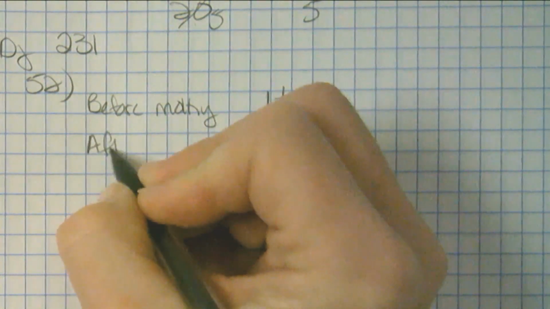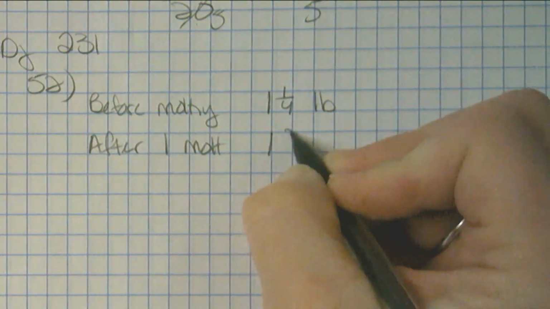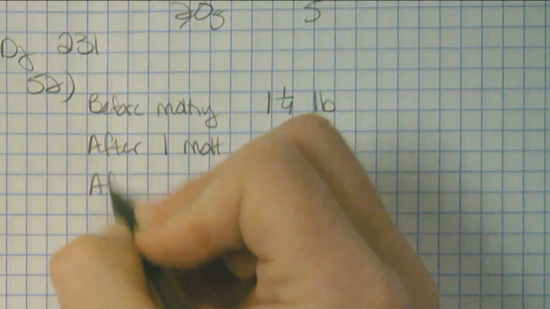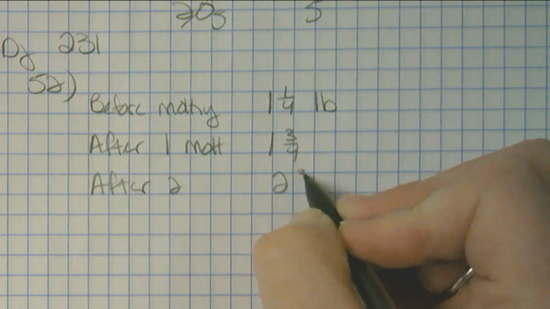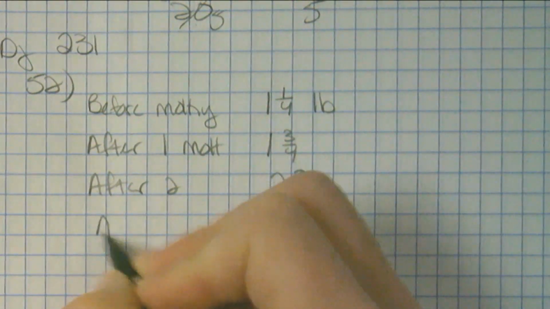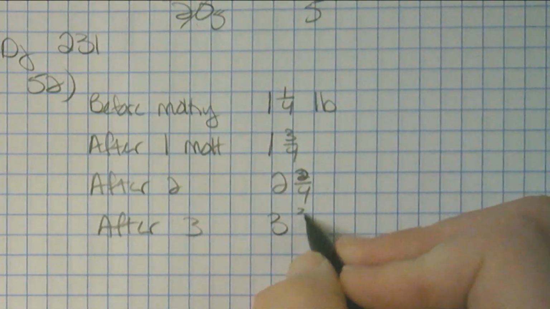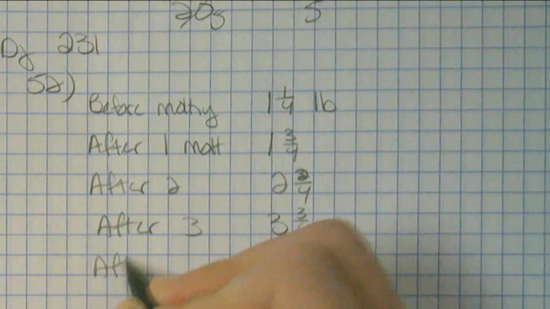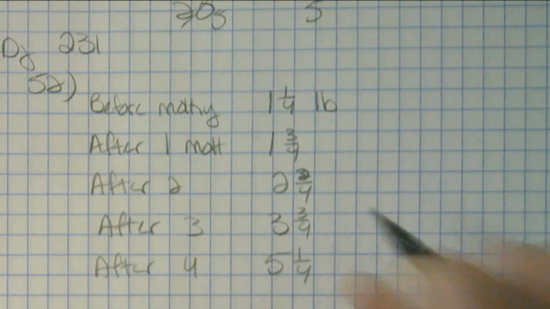After 1 molting, it's 1 3/4. After 2, it's 2 2/4. After 3, it's 3 3/4. And after 4, it's 5 1/4. Okay, so that's our given.